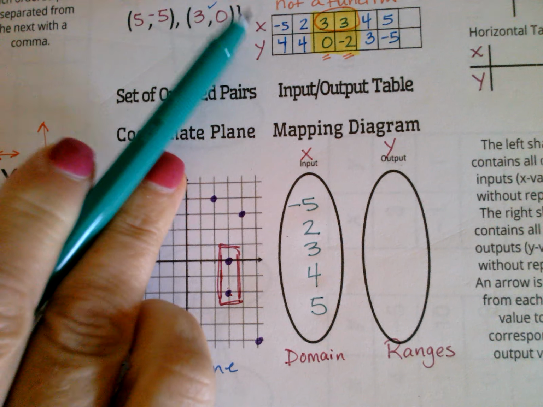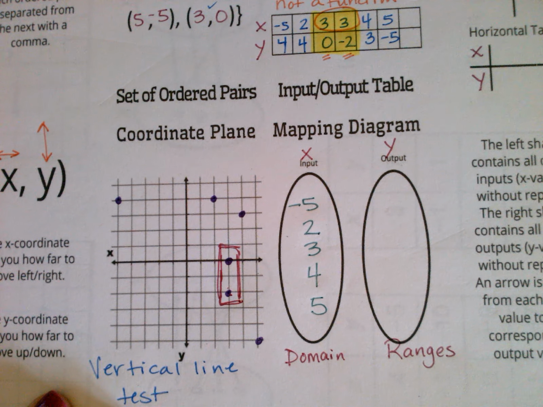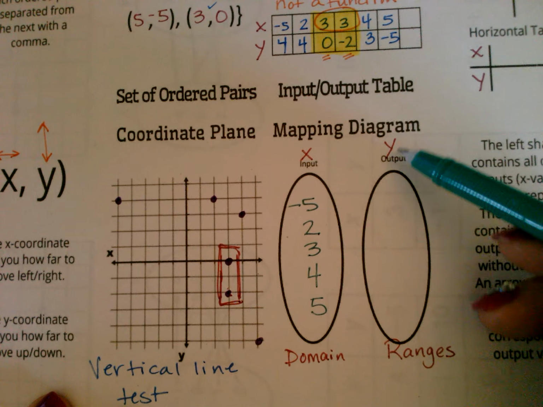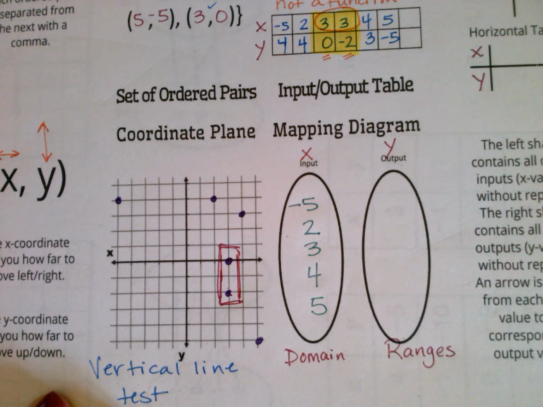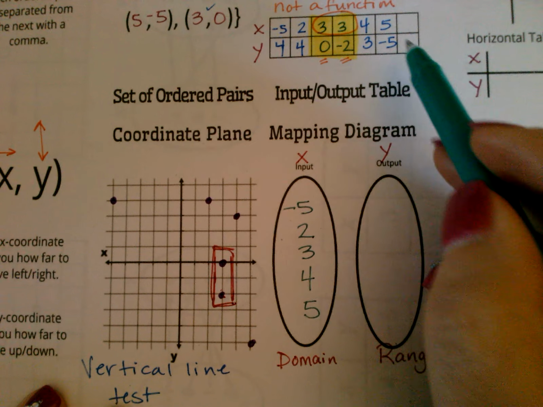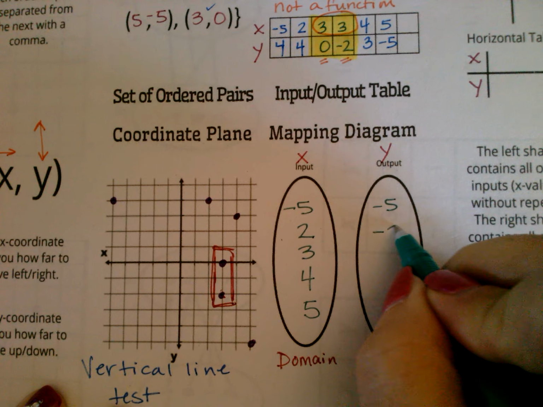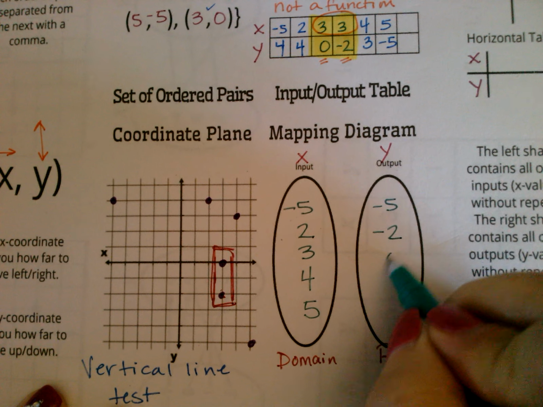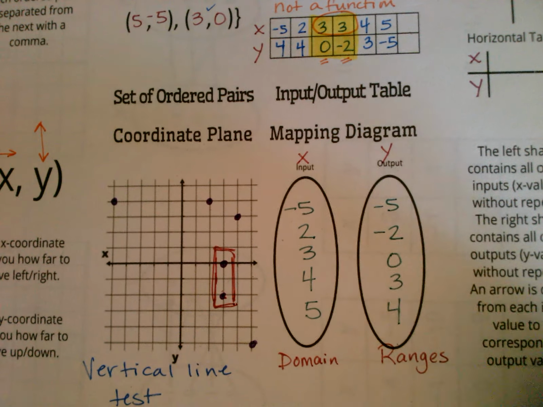So I just took that data from my horizontal table. I listed it there. Now I have not written this yet, but I'm going to take my output, my y's, the ranges, list them in numerical order without any repeats. So as I look, I see -5, -2, 0, 3, and 4.